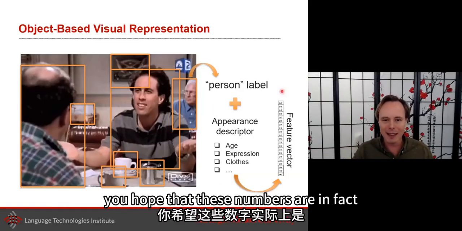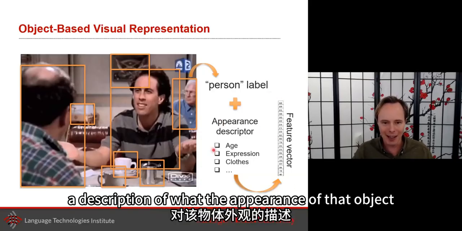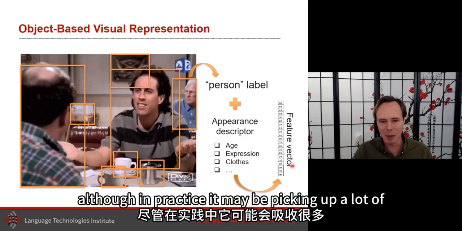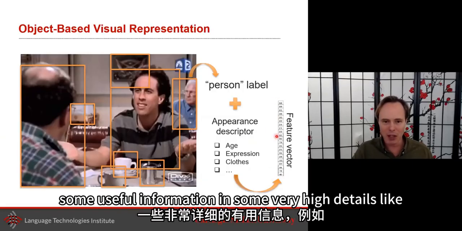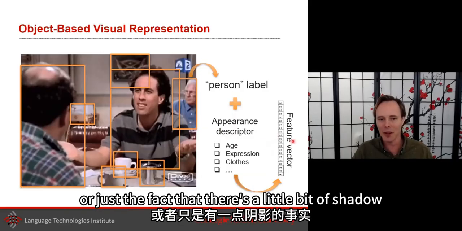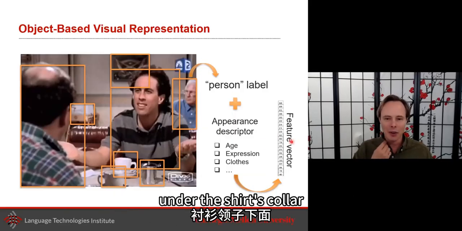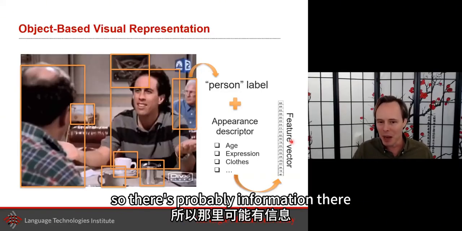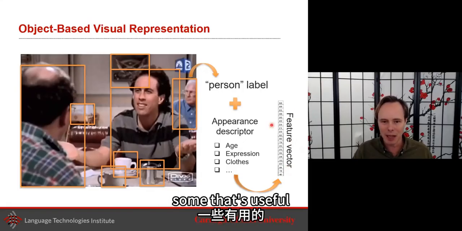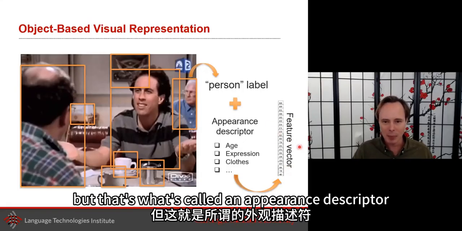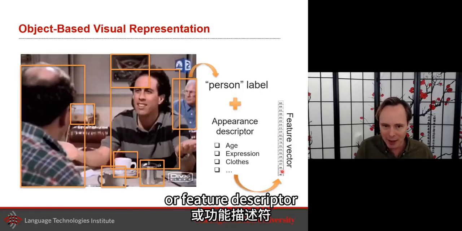You hope that these numbers are in fact a description of the appearance of that object, although in practice it may be picking up some useful information and some very fine details, like the number of buttons or just the fact that there's a little bit of shadow under the shirt's collar.